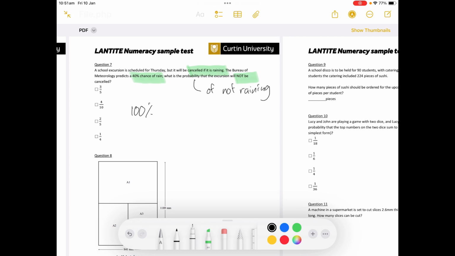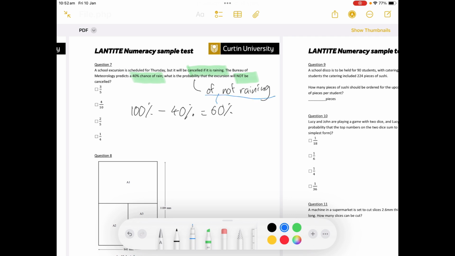So if I do 100% minus the chance of rain, so minus 40%, then what's left over is the percentage probability that it will not be raining. So in this case, I've got a 60% chance of not raining, okay? So this 60%, that is related to this thing here, okay? So 60% chance of not raining.